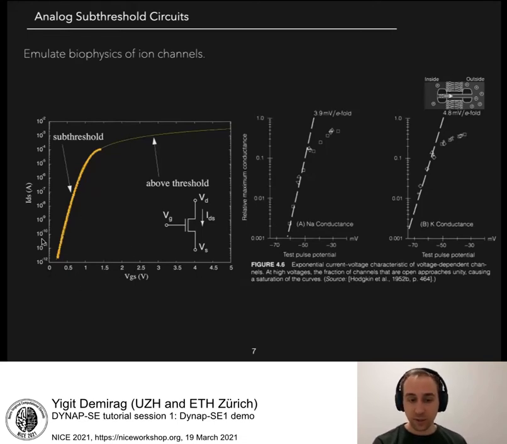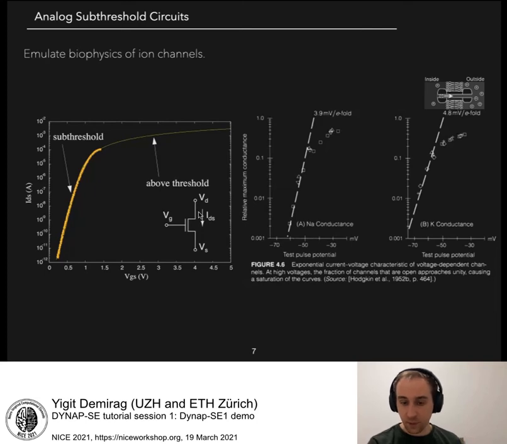And these currents are really low, as you can see here, in the nanoampere and picoampere regime. So from here, you can directly guess why these circuits are a bit noisy, because a slight variance in the voltage that you apply may give you sometimes an order of magnitude difference in the current that you are observing.